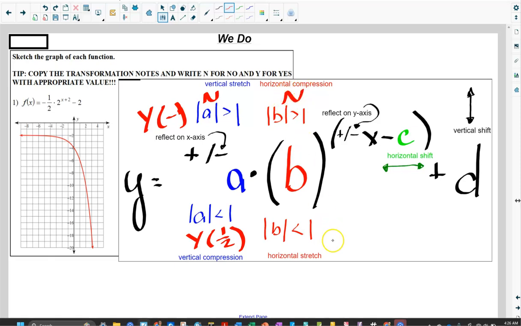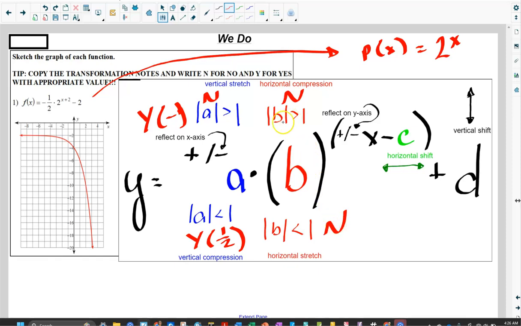It's a no, because we're dealing with, let's call it the parent function, which is like I had in the calculator, 2 to the x. So the fact that it stayed the same means that there is no horizontal compression or horizontal stretch.